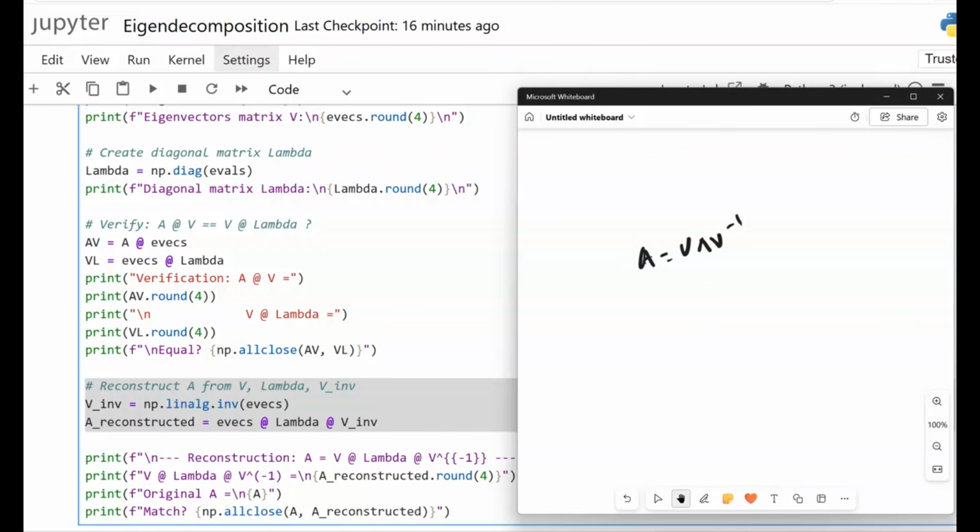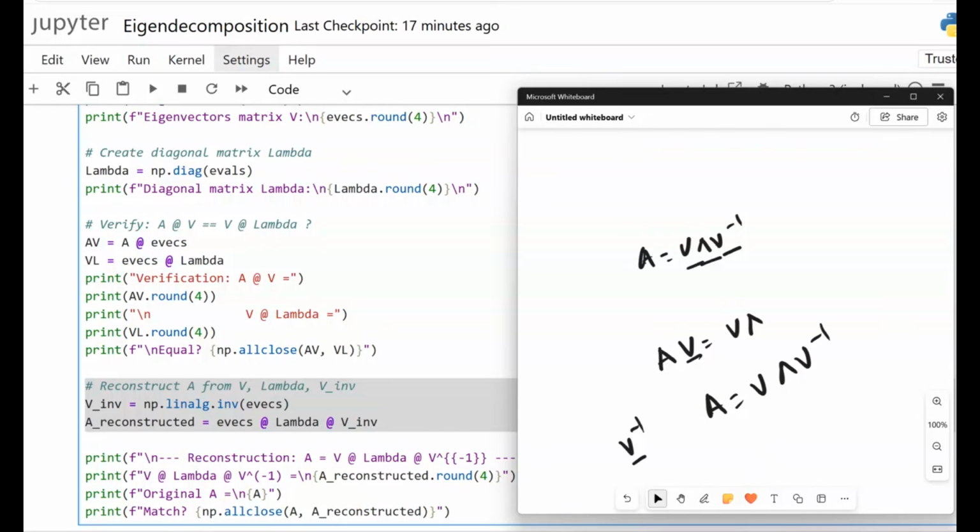So here we change the basis, scale it, and change back with V. And why this works is, if we have A V equals V lambda and multiply both sides by V inverse, what happens? V multiplied by V inverse cancels, so we get A equals V lambda V inverse.